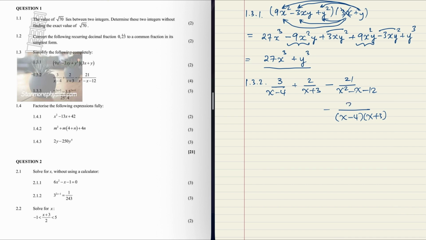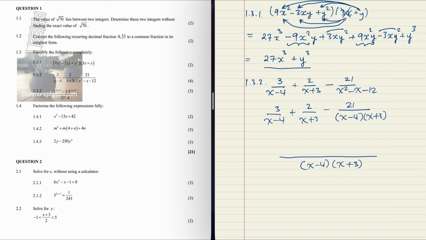Then there's a 21 on the top, and then 2 over x plus 3, and then plus 3 over x minus 4. Now, I can see that I can get a common denominator of x minus 4 and then x plus 3. So the next step would be to write one big fraction. I have x minus 4 and then x plus 3.